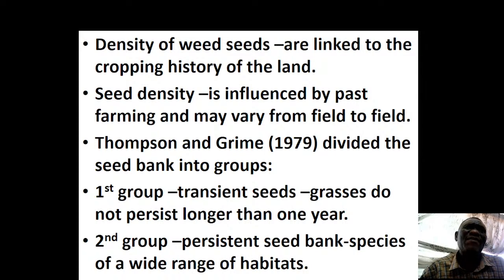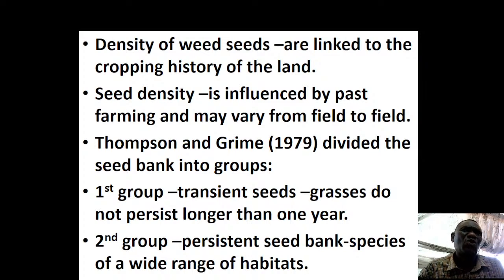Thompson and Grime in 1979 divided the seed bank into two groups. The first group, they referred to as the transient seeds, where you have grasses which are mostly dominant in the weed seed bank, which do not persist for more than 1 year.